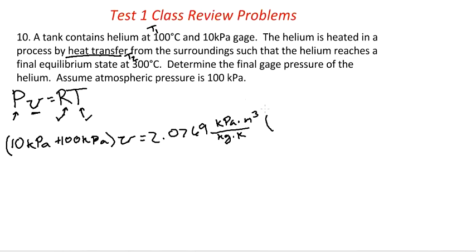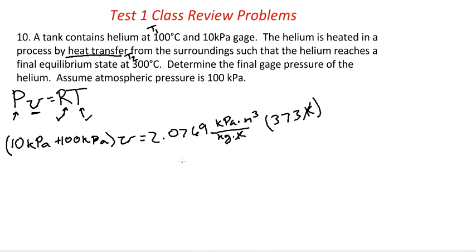Before we didn't need to because we were looking at a change, and because there's only a constant difference between Kelvin and Celsius, there was no need to worry about the conversion. But in this case, we want to know actually what the Kelvin is. So 100 degrees plus 273. I'm sure you guys can do that without me writing it down. So we got 373 degrees Kelvin.